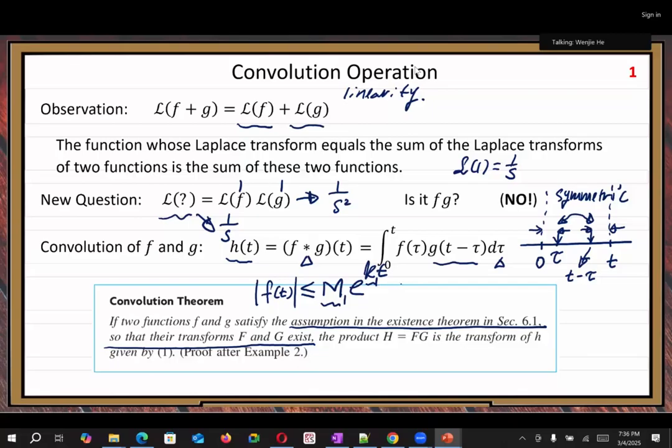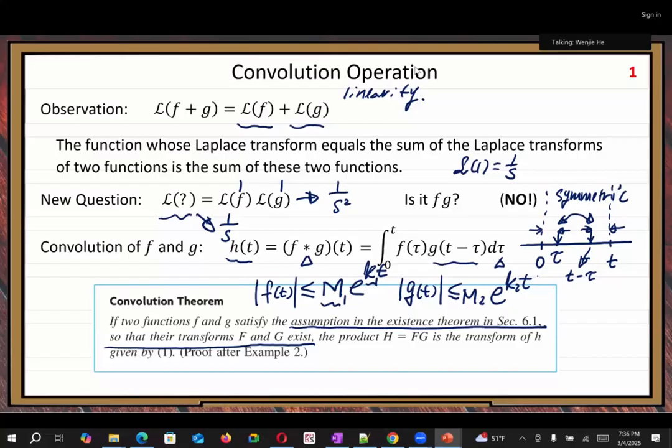For g, it is similar. For the g function, this time we have capital M2 e to the K2 t, another pair of constants, M2 and K2. Then their Laplace transforms exist.